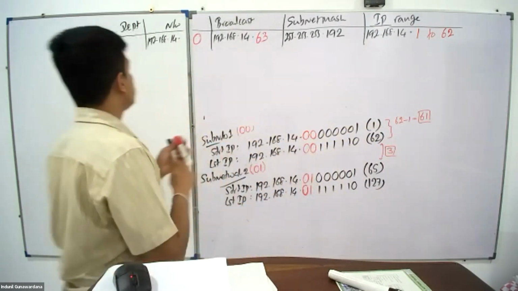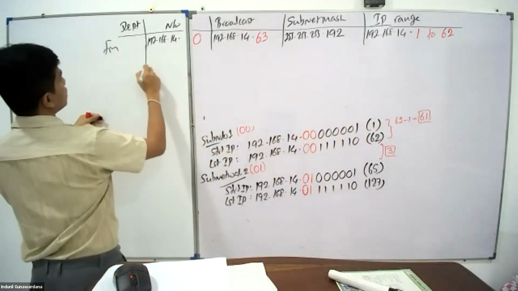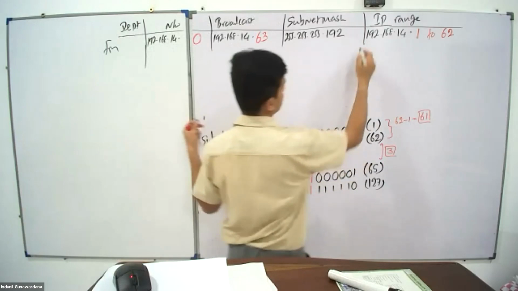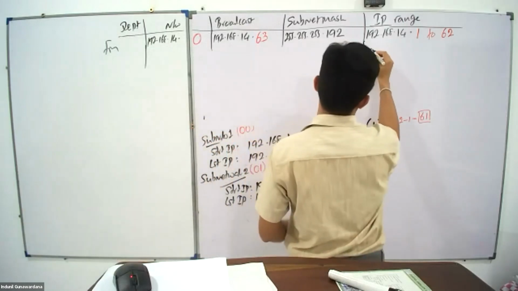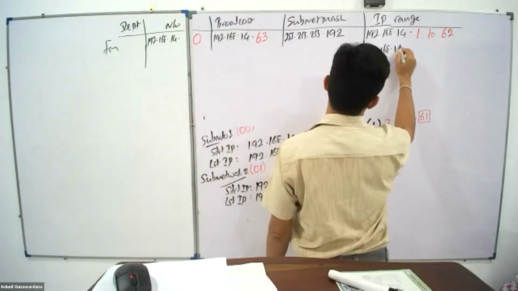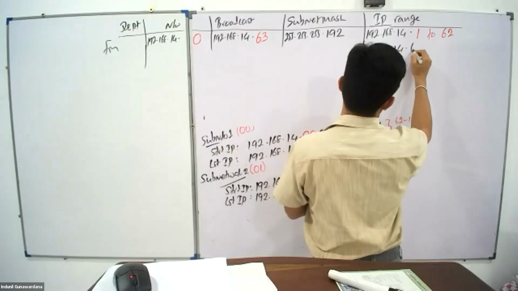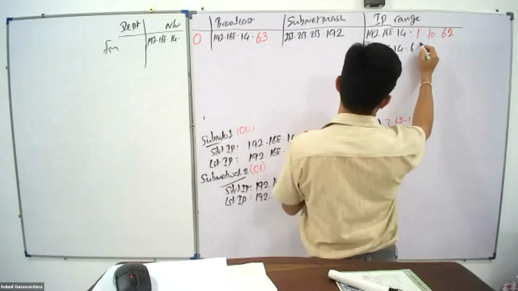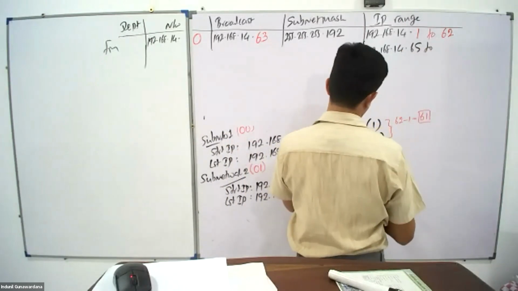Okay. Then we go to the second subnetwork. The IP range we calculated is 192.168.14.65 to 126.